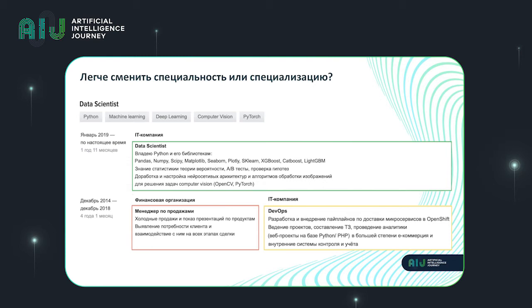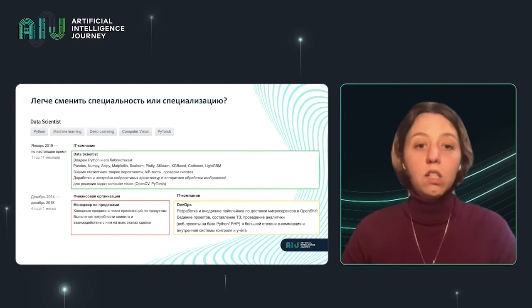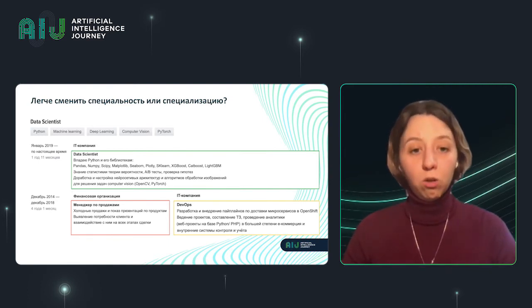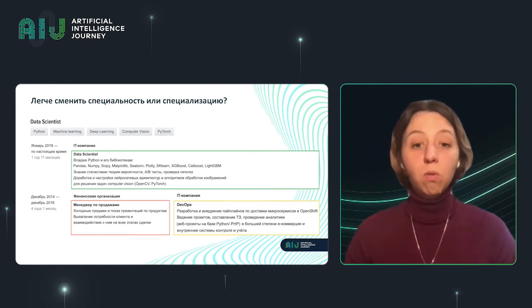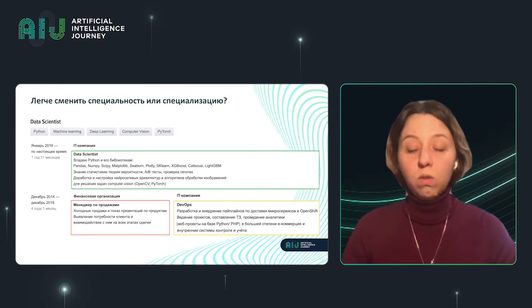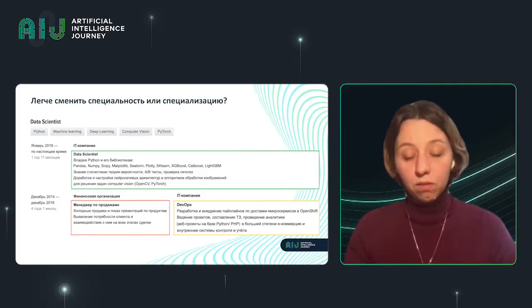This approach will produce another set of problems, though. If we get two resumes and one person, for instance, switched to data science from sales management, another one from DevOps, right? These two candidates will be just as incompatible for the vacancy because we don't actually account for the different kind of switches.